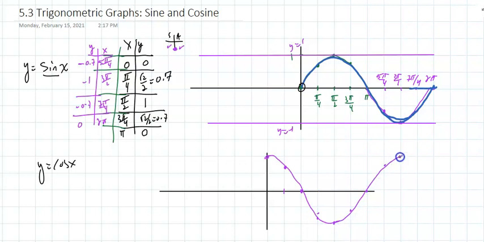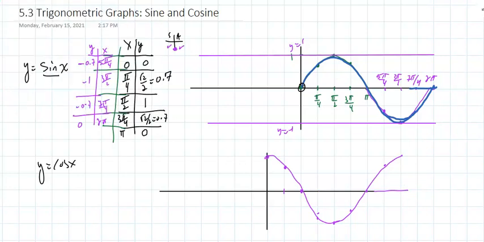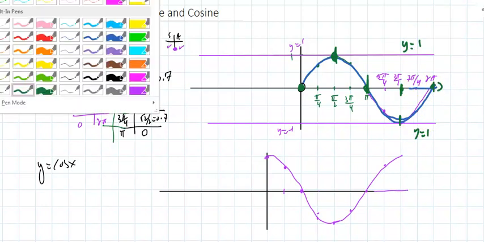Now again, the main points that we have to label in all of these graphs are the following. I need to know where this graph touches the amplitudes, that's what we call those, and the x-axis.